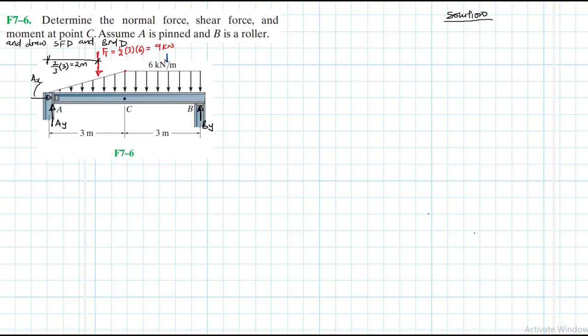So let's find the equivalent force for the rectangle. This rectangle is located at just half the length of 3, which is 1.5. And F2 is equal to the area under the loading diagram, which is a rectangle, right?